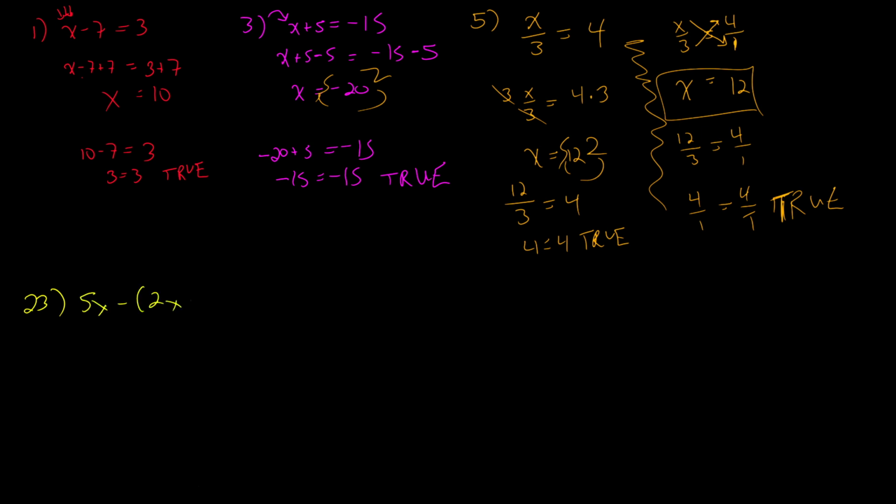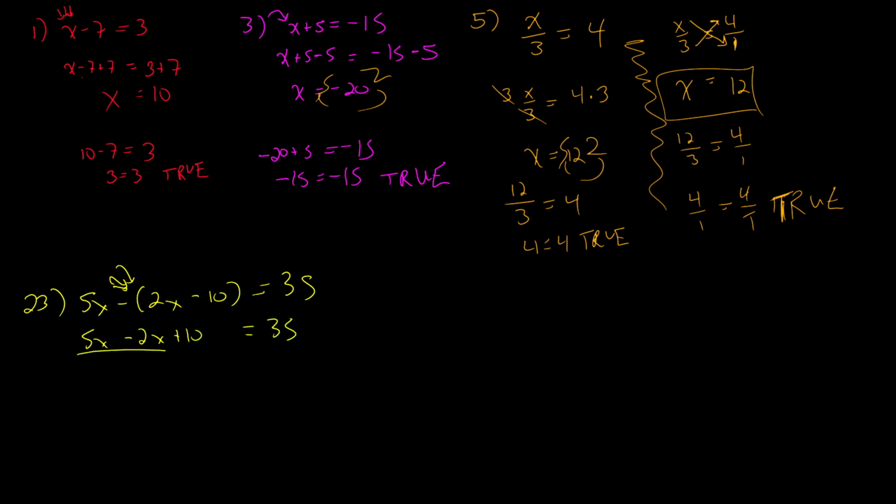So 5x minus 2x minus 10 is equal to 35. So I'm going to use this negative, and I'm going to distribute it. So 5x minus 2x, a negative distributed to a negative is plus 10, equals 35.